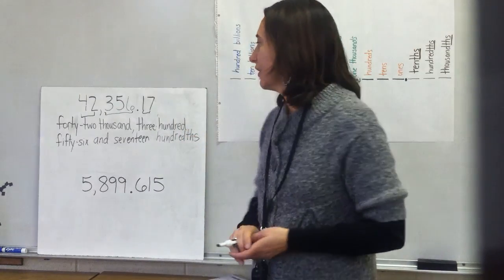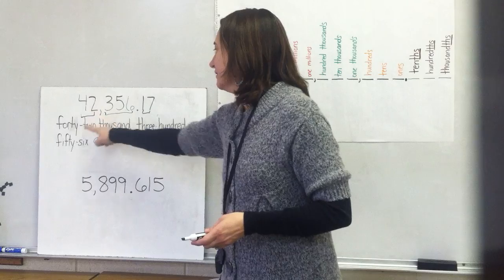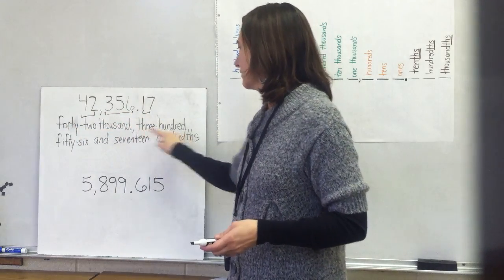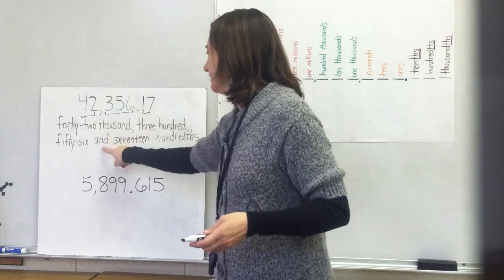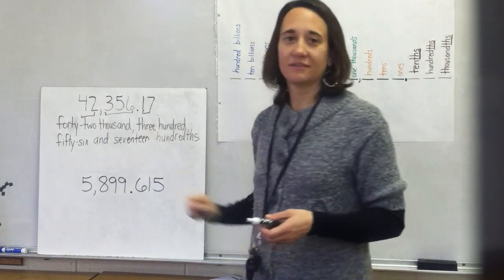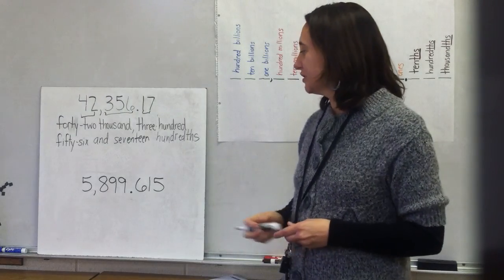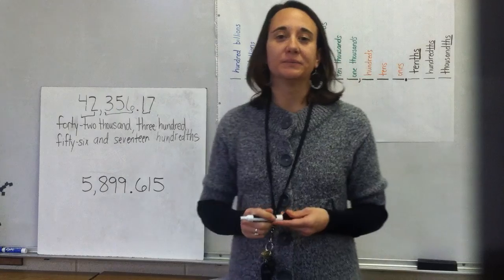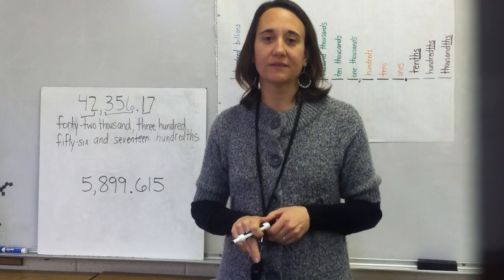And that's it. 42,356 and 17 hundredths. All right, now I want you to take a look at the one on the bottom, and I want you to give that a try on your own. So go ahead and pause the video.